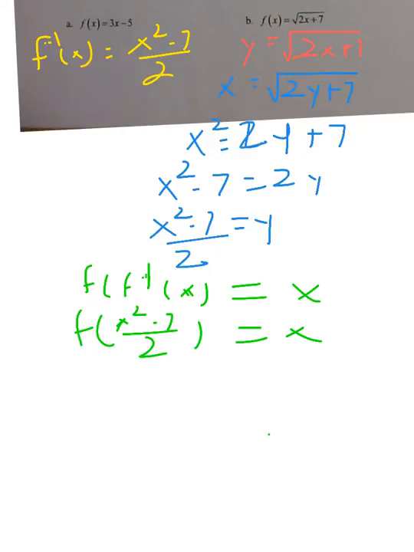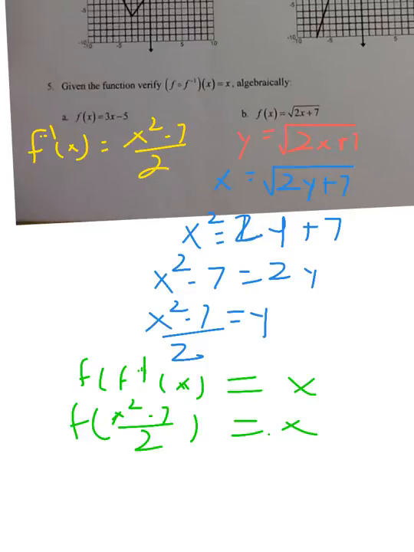Okay, so now I'm going to go to my f function, and wherever I see an x, I'm going to plug in x squared minus 7 over 2. So I have the square root of 2 times my x, which is x squared minus 7 over 2, plus 7. Does that give me x?